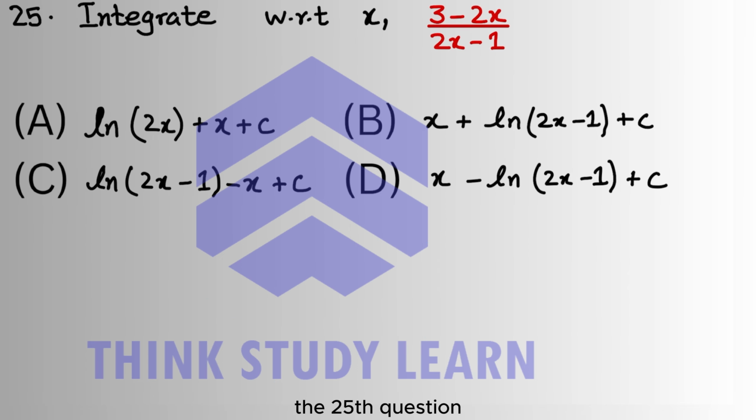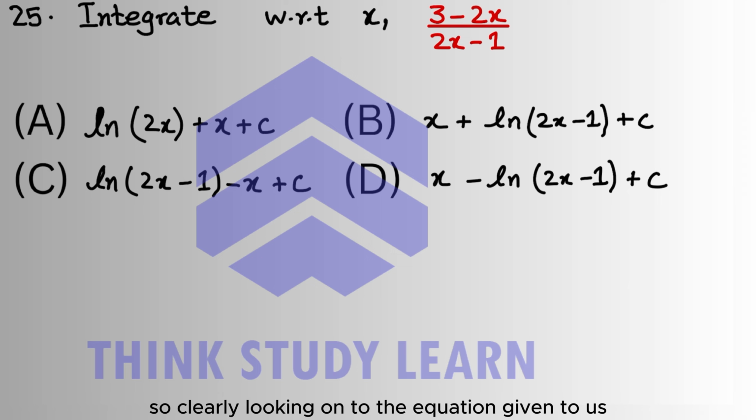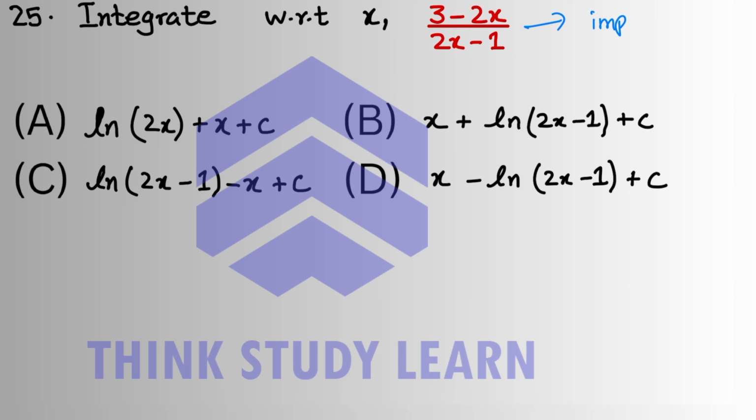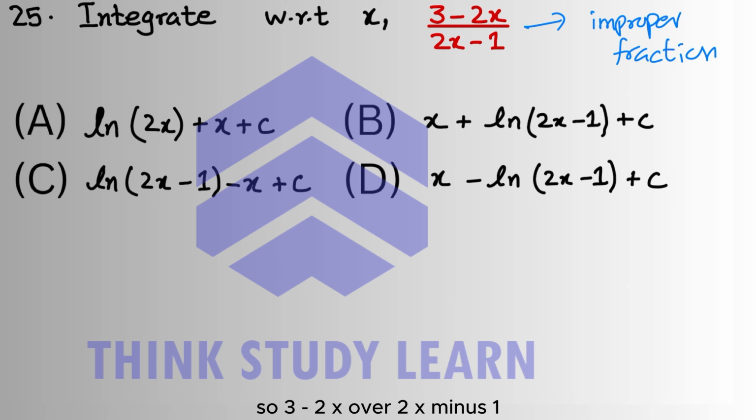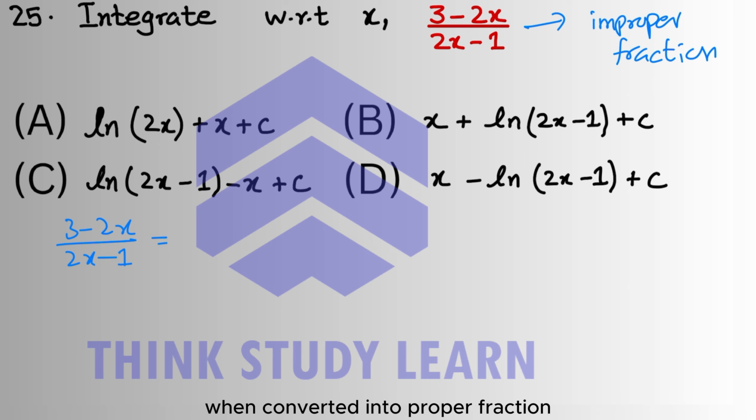The 25th question here states integrate with respect to x the expression 3 minus 2x over 2x minus 1. So clearly looking at the expression given to us, it is an improper fraction. So first we will convert it into a proper fraction. So 3 minus 2x over 2x minus 1, when converted into a proper fraction, will be minus 1 plus 2 over 2x minus 1.